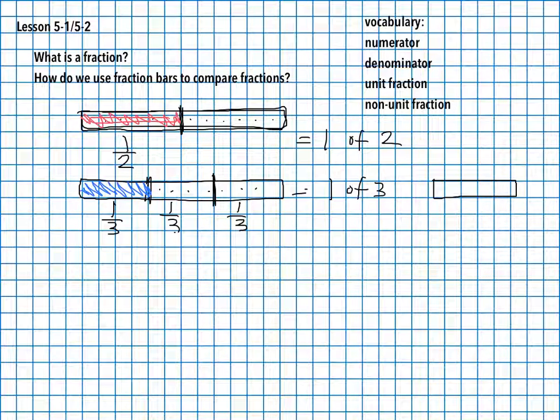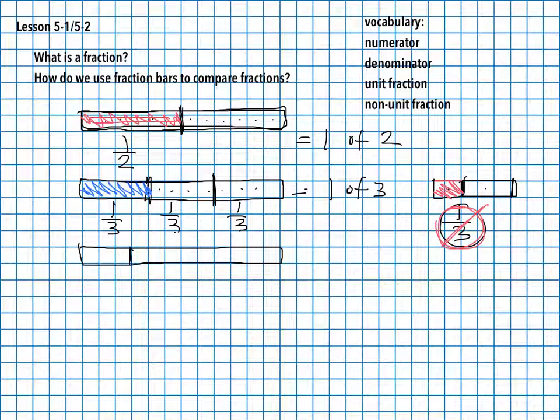So if I have this shape right here, and I break it here, and then I break it here, and I color in this part, this is not 1/3, because these are not even pieces. So this is not a fraction. We'll draw one more here. Again, these are unit fractions, and we know they're unit fractions because the top number is 1.